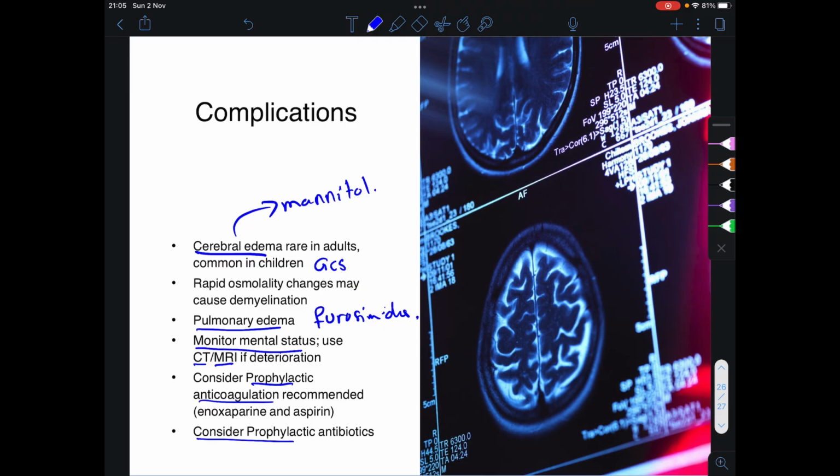The reason for giving anticoagulants is because, as we said, HHS is a condition with hyperosmolarity and a highly thrombotic condition, so you want to give enoxaparin or aspirin to prevent strokes and cerebrovascular accidents. And you also consider prophylactic antibiotics because that could be the precipitant condition, especially in patients where you don't know what exactly is causing the stress and the HHS. You want to give prophylactic antibiotics.